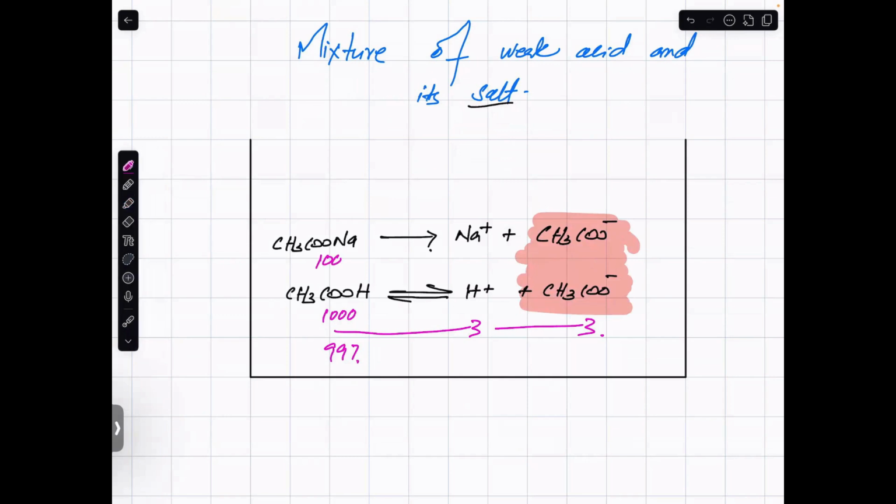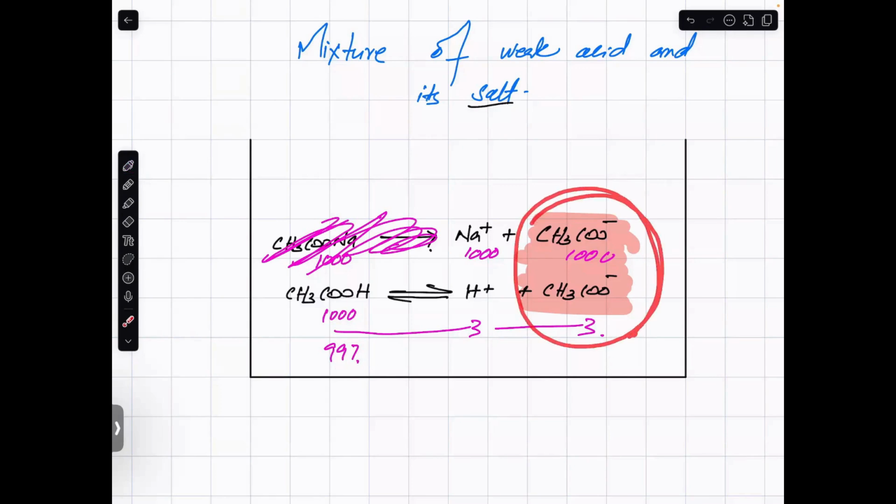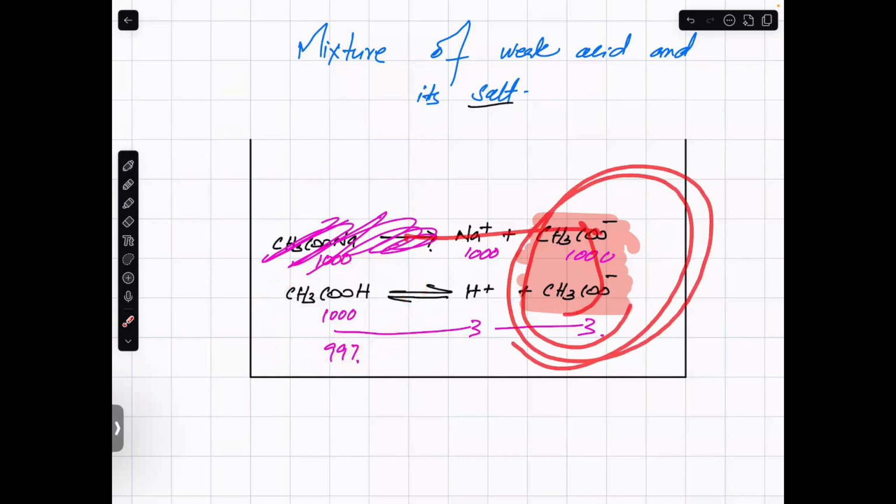Suppose this was 1,000. It produces 1,000 and 1,000. It finished, dissolved. There is very huge amount of the conjugate base now. It will push the equilibrium to the left. The acid is almost unionized, and the conjugate base is almost all coming from the salt.